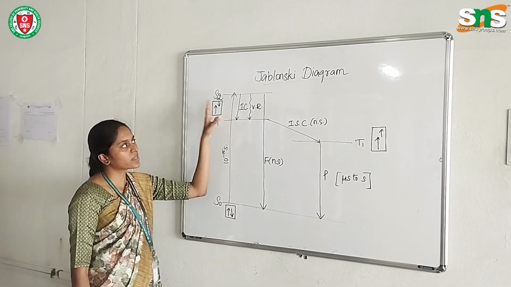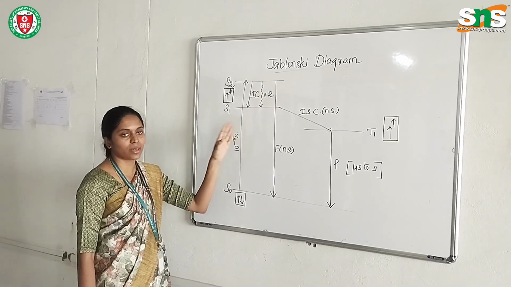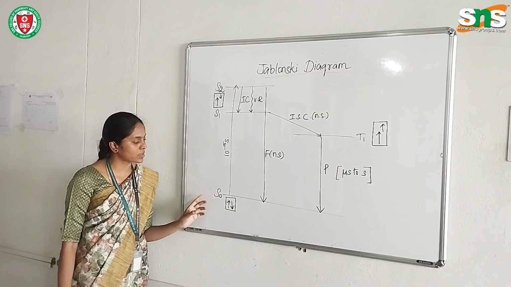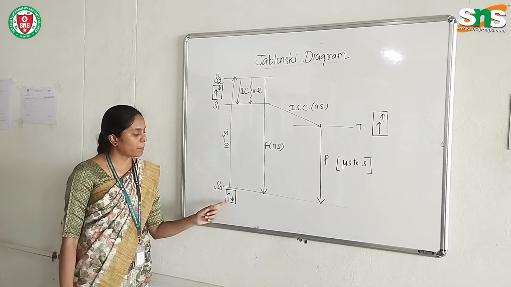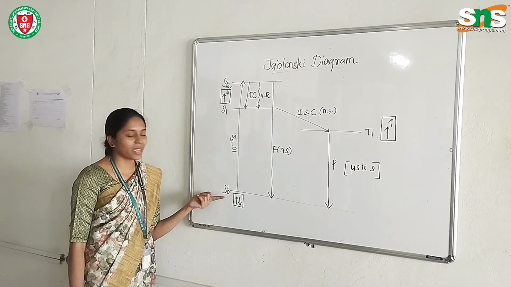This Jablonski diagram is explained with the help of two types of excited states and one ground state. The ground state is called the singlet ground state because the electrons are paired and have opposite spin, and it is indicated by S0.